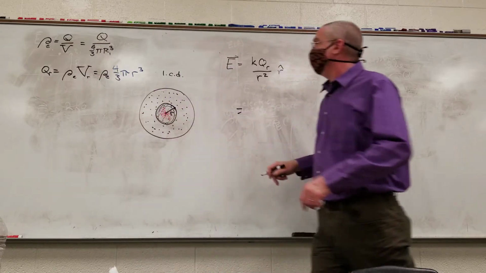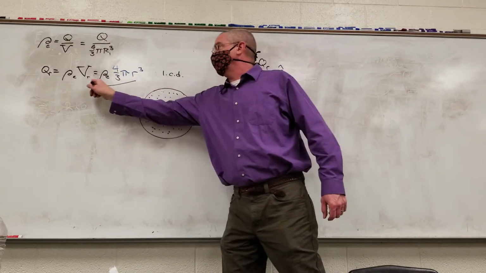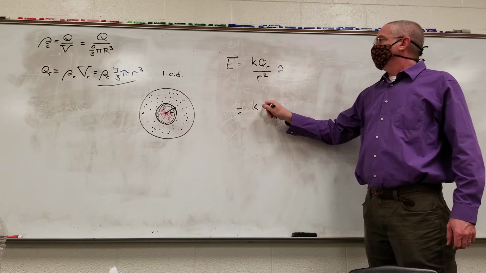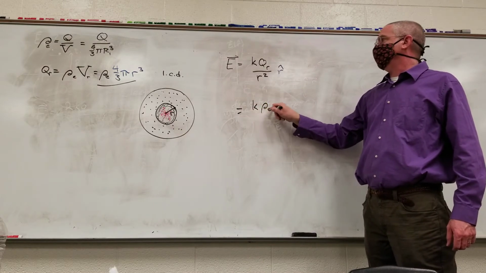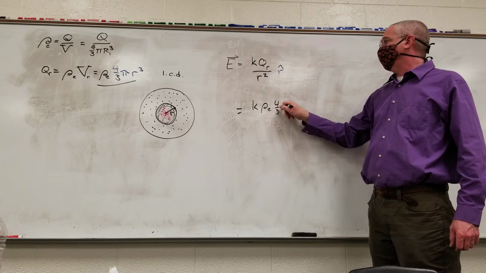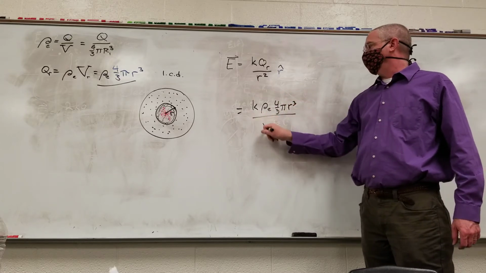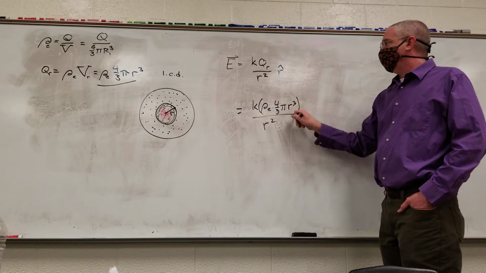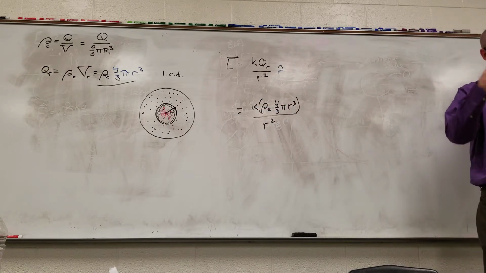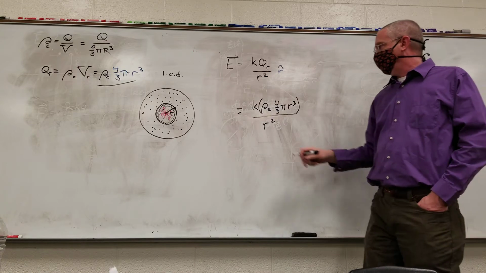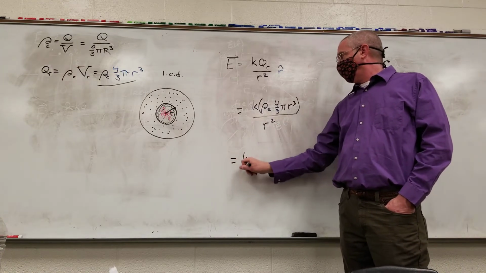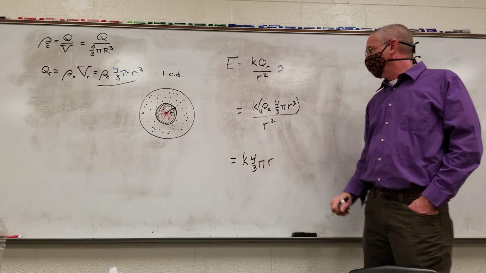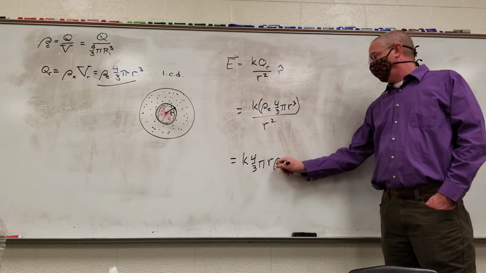And Q sub R is the charge density times the volume of that sphere. So that's K rho sub E 4/3 pi little r cubed over little r squared. That's the charge inside that sphere, which is K times 4/3 pi r times rho sub E.